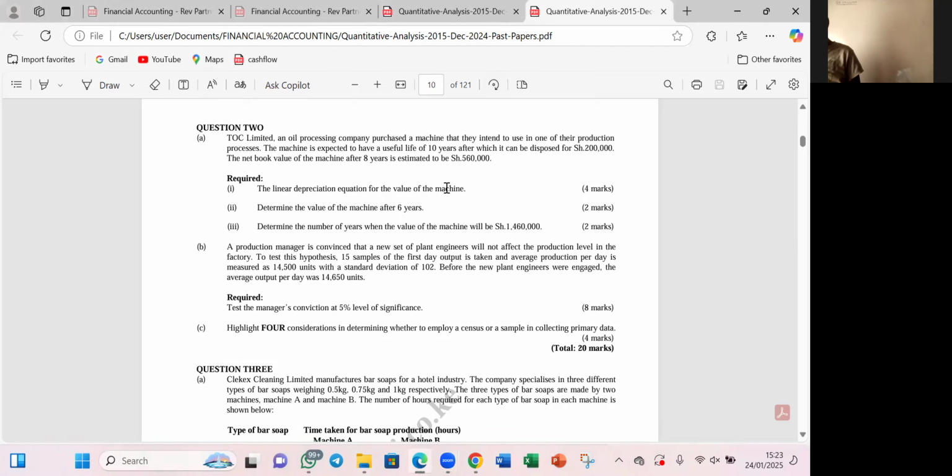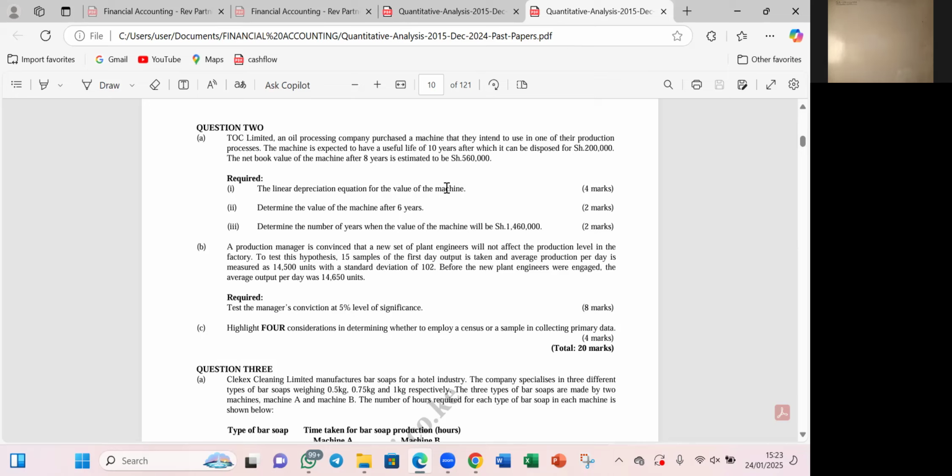Stock Limited, an oil processing company, purchased a machine that they intended to use in one of their production processes. The machine is expected to have a useful life of 10 years, after which it can be disposed for shillings 200,000. The net book value of the machine after 8 years is estimated to be shillings 560,000.